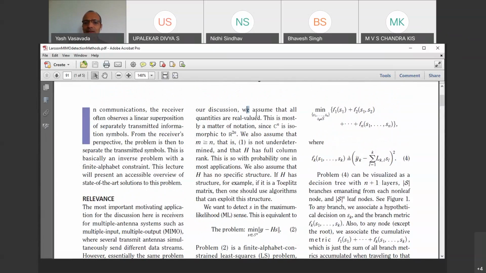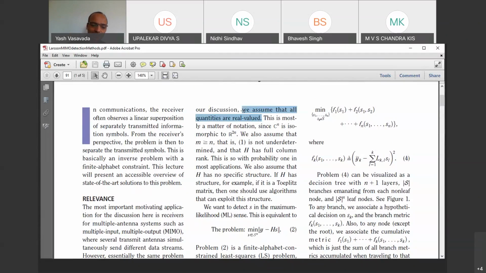In sphere decoding, there is one assumption that all the quantities are real valued. This is some detail that we probably don't need to get into too much. The only thing that I would say is that it's not a big deal.